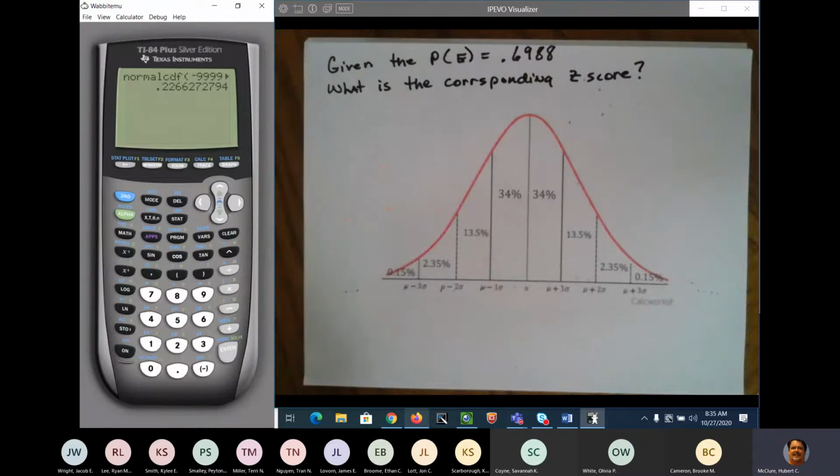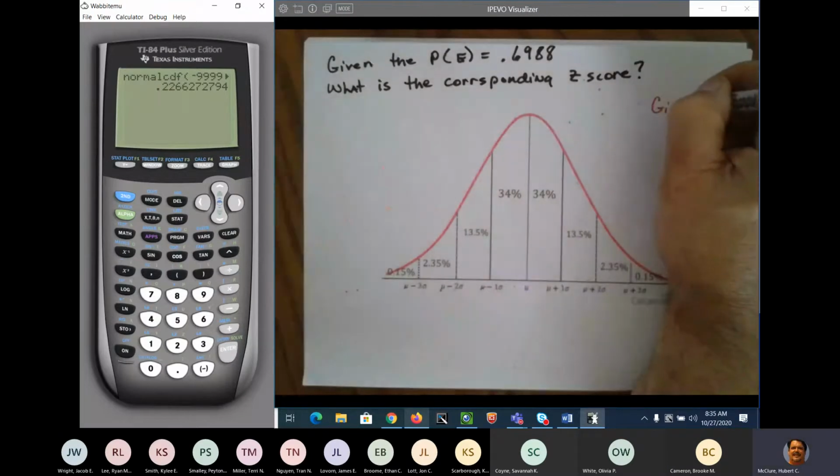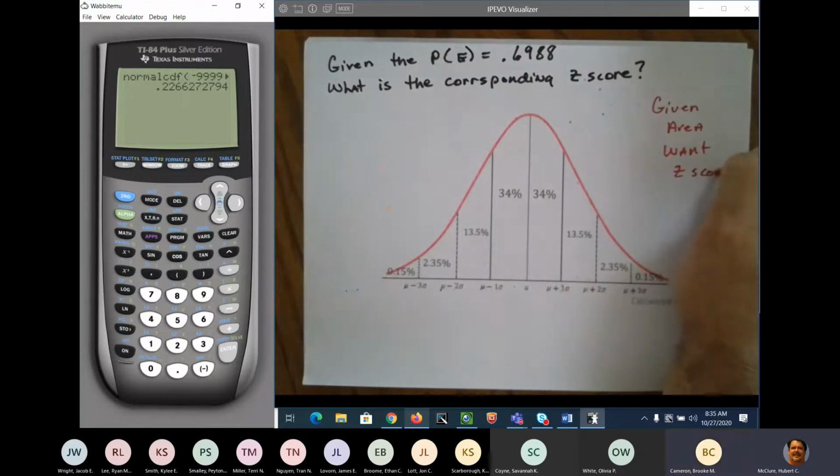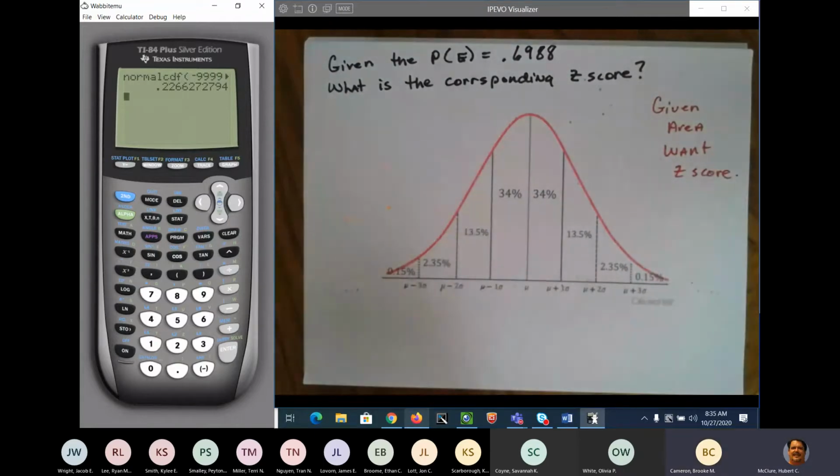So in the past, in the last problems, you were given z-scores and you find the area. Here, what are you given? A single value, which is the area. Given the area, and they're wanting the what? The z-score. Yes.